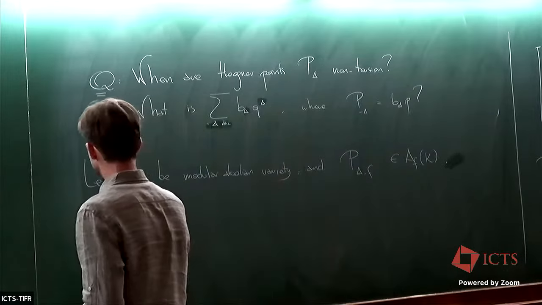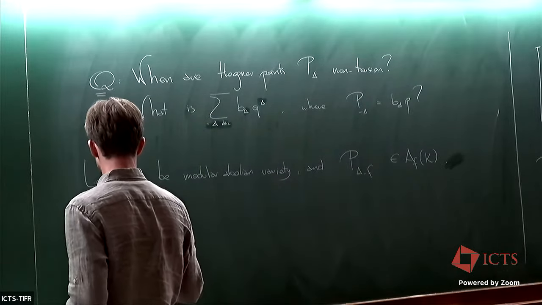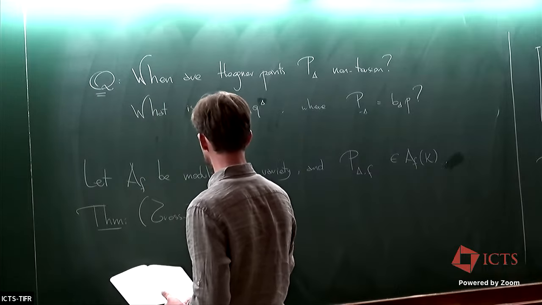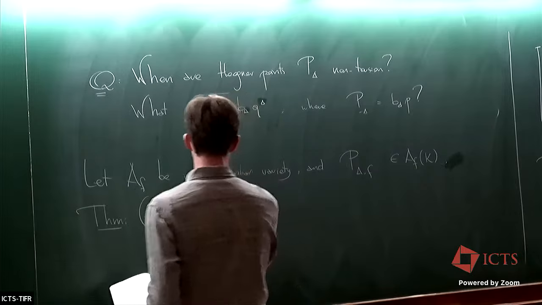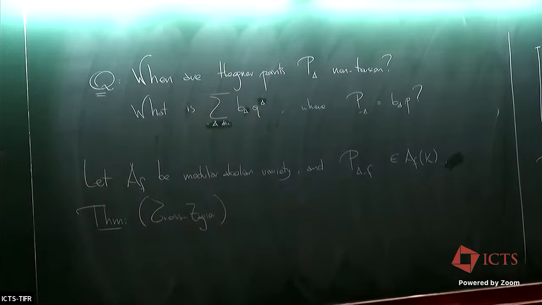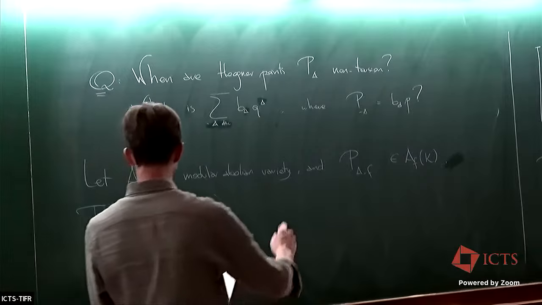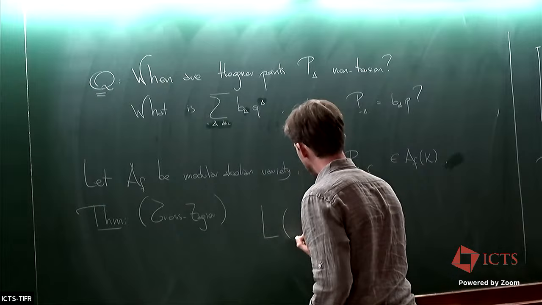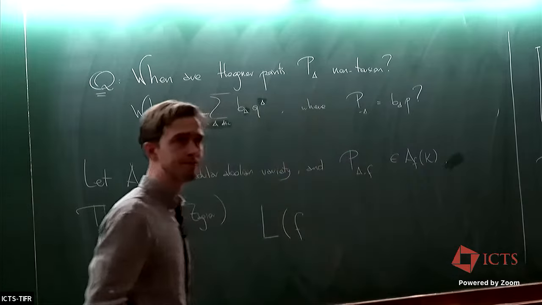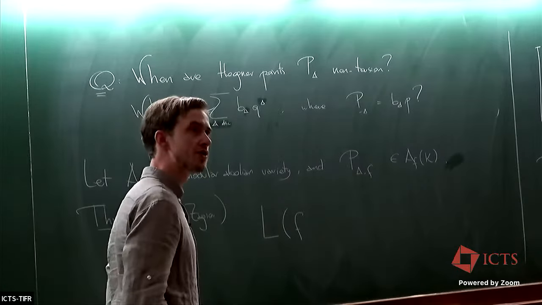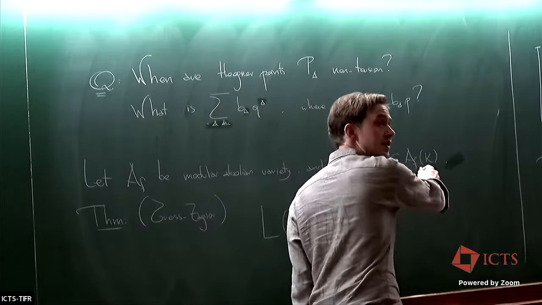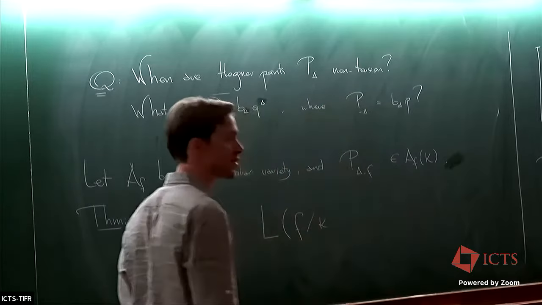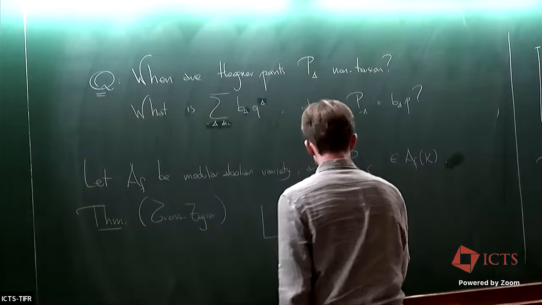Then there is the following theorem. This is a theorem that's very famous and probably familiar to most of you. It's due to Gross and Zagier. The paper came out in 1986, and it states the following amazing equality. If I take the L function of my modular form, the modular form is defined over Q, but I'm going to take the L function over K, this field that I've chosen to construct my Heegner point. I just restrict the Galois representation to K and I form the L series in the usual way.